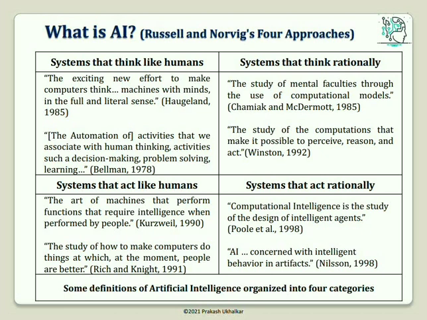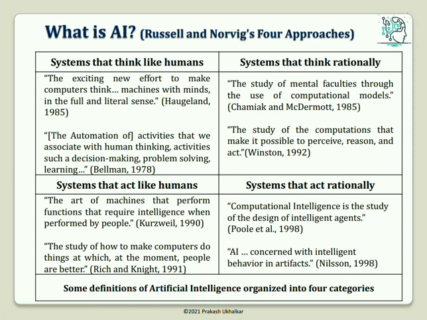In this, Charniak and McDermott in 1985 wrote that AI is the study of mental faculties through the use of computational models. However, Winston in 1992 said that AI is the study of the computations that make it possible to perceive, reason, and act. Third approach, systems that act like humans.